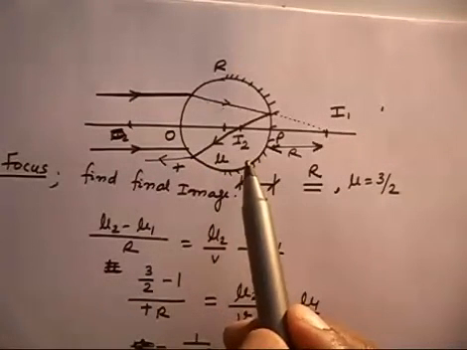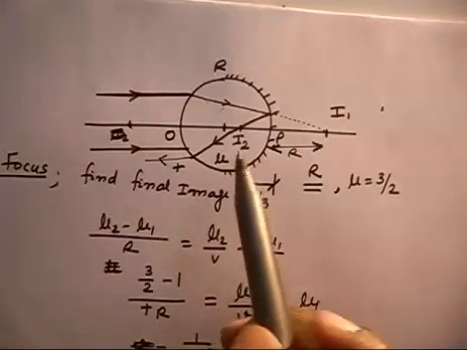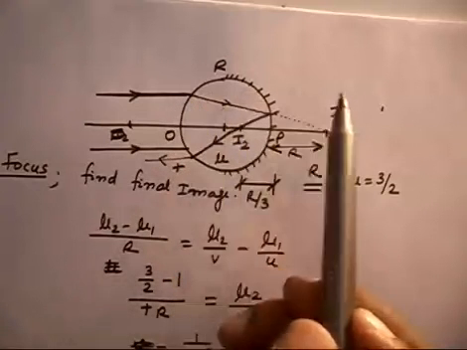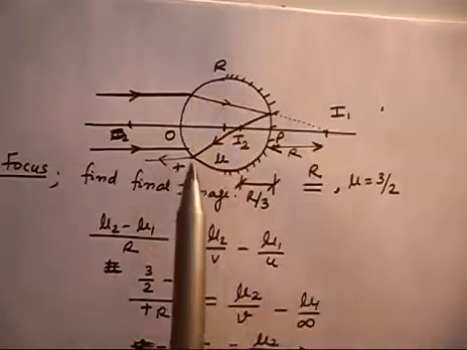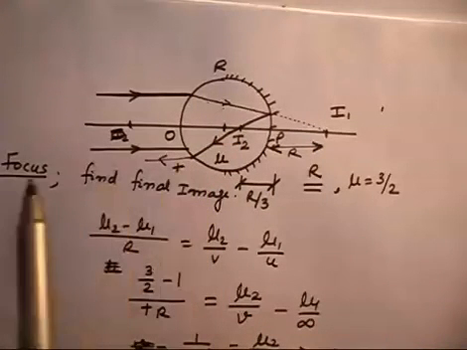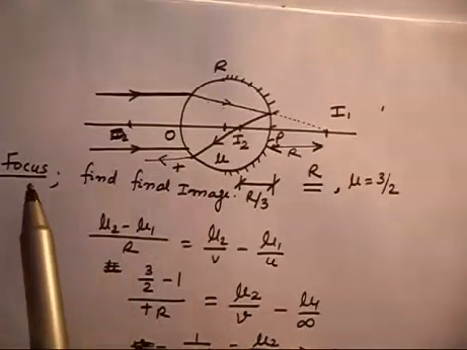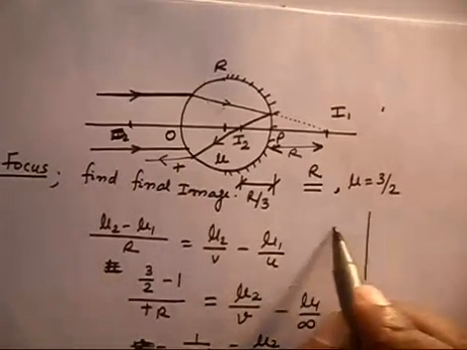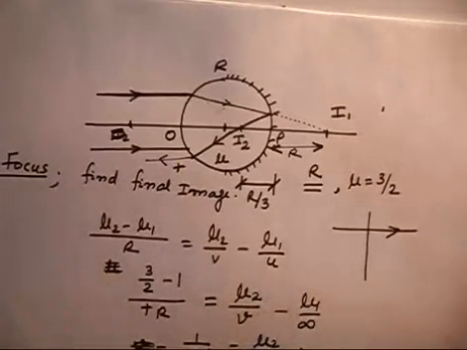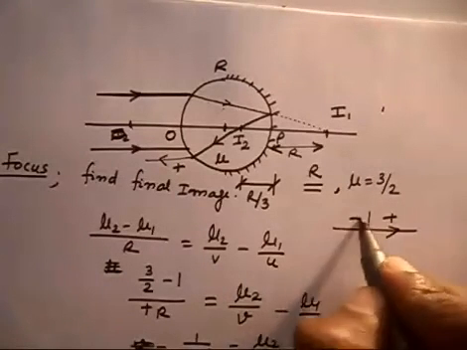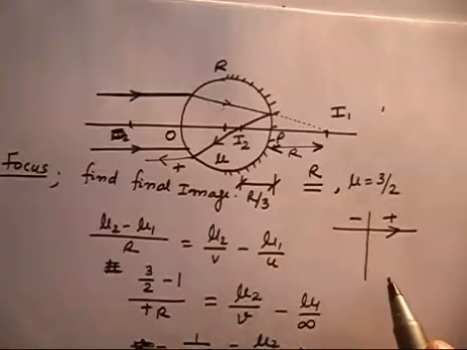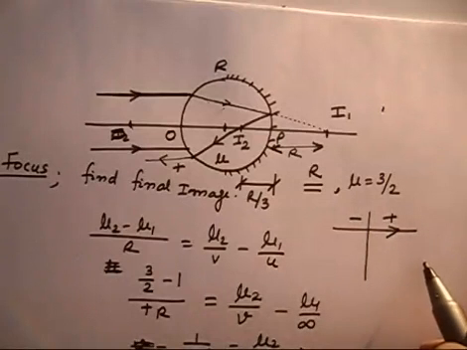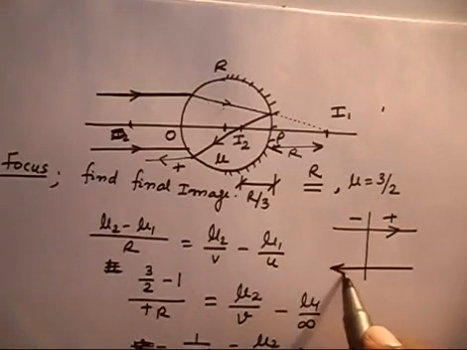You see one very important point in this problem. When the light ray is incident on this face, I have taken this side as positive. So now if I see my sign convention, for the first part the light ray is going something like this, so I have taken positive this, negative this. For the third part, first is refraction, second is reflection, and third is again refraction.